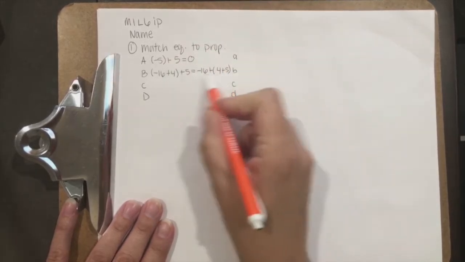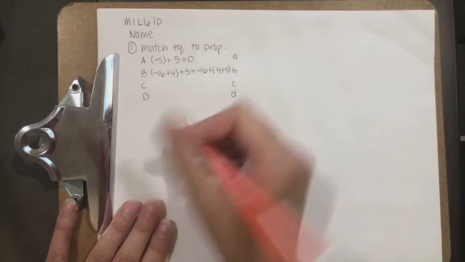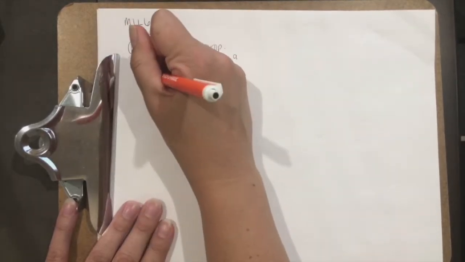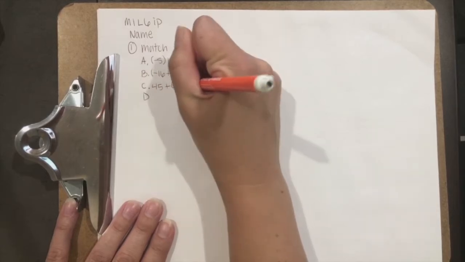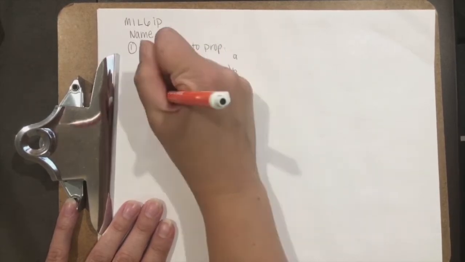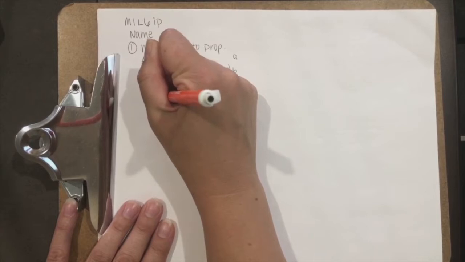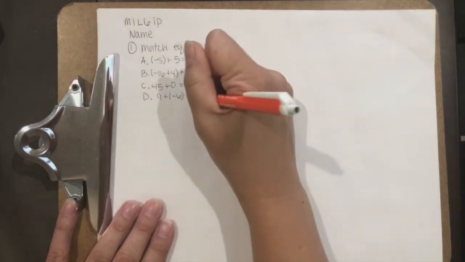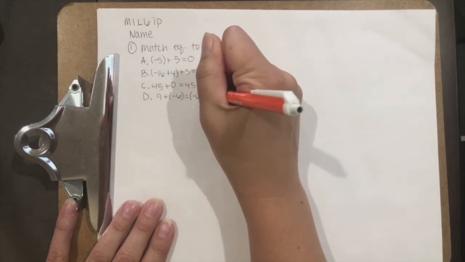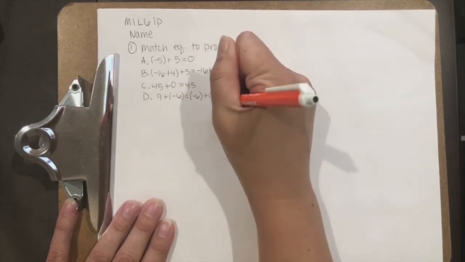Whew, almost didn't give myself enough room there. Okay, next one. C says 45 plus 0 equals 45, and D says 9 plus -6 is equal to -6 plus 9.